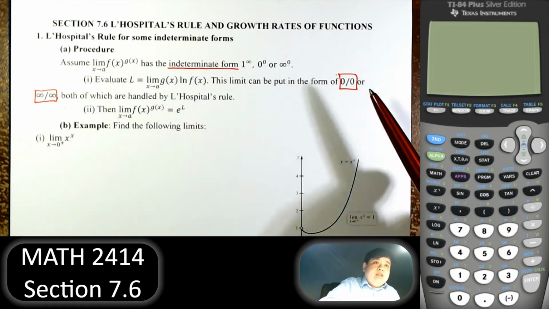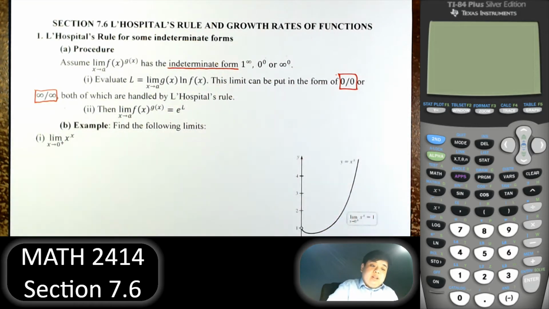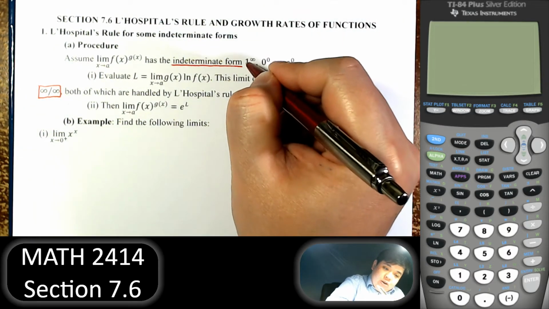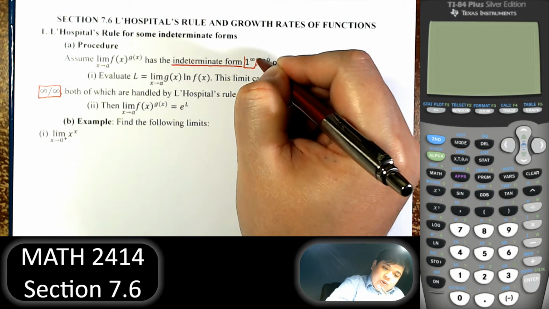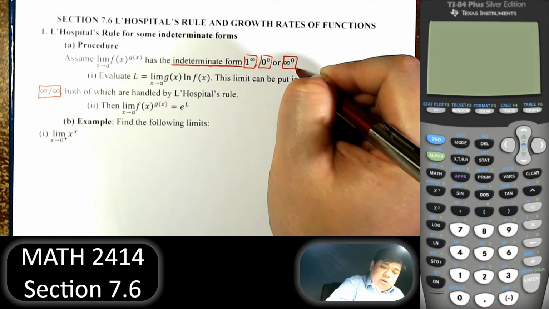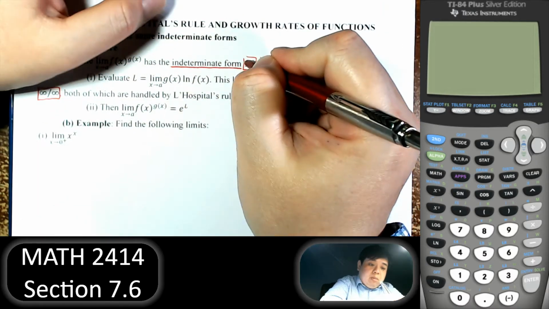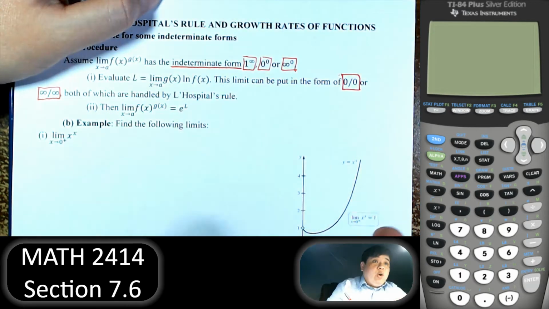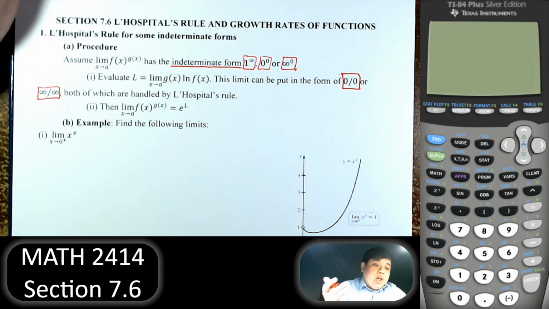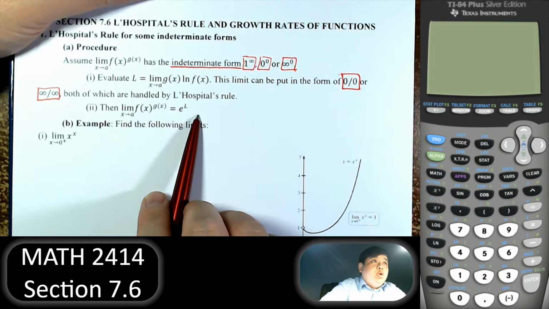But we extend that into the other forms, 1 raised to infinity, 0 to 0, and infinity to 0. Indeterminate meaning that we don't know what it is equal to yet, but there's something we can do, and that something is L'Hôpital's rule.